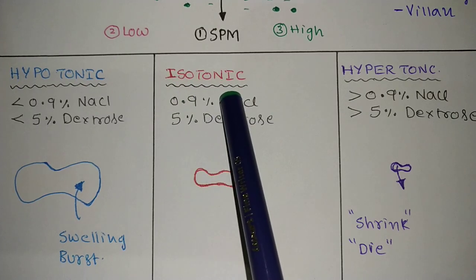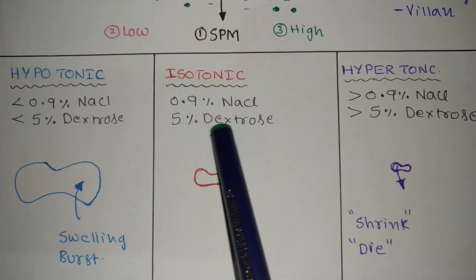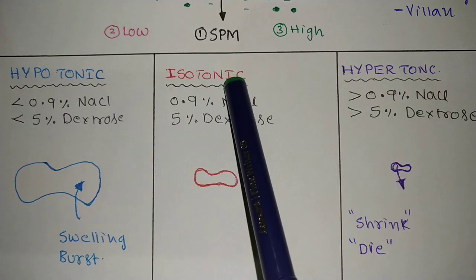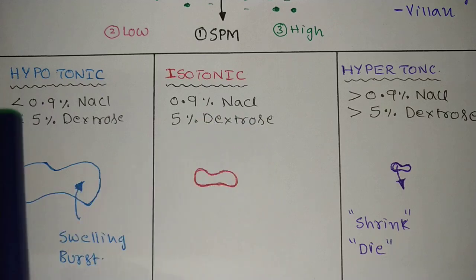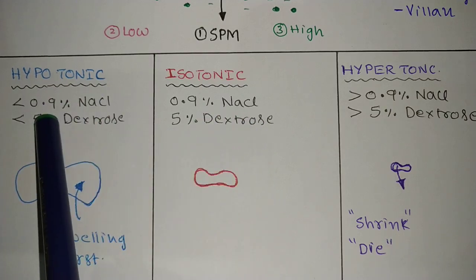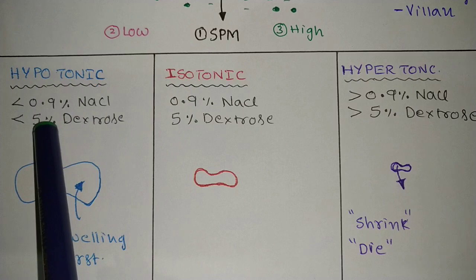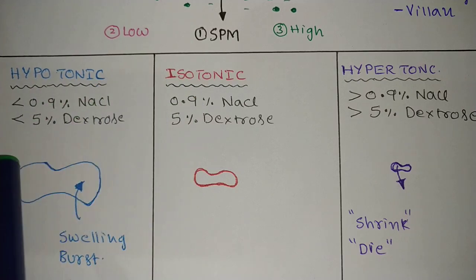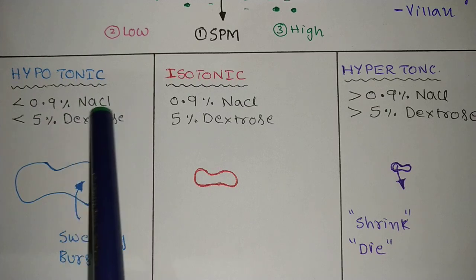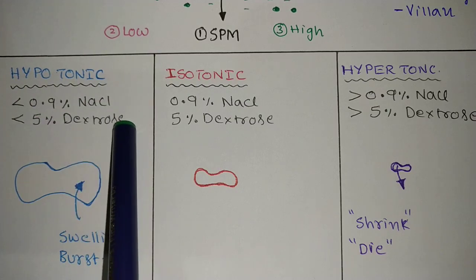In the same fashion, dextrose we give only at 5%. This is isotonic with the blood. Now hypotonic: hypotonic means lower concentration than this. For example, if we take less than 0.9% NaCl, then what happens?